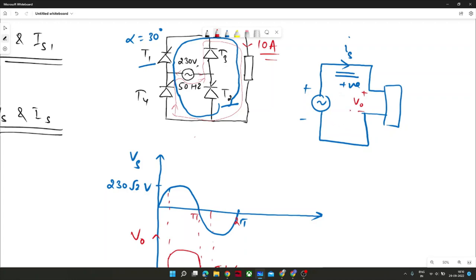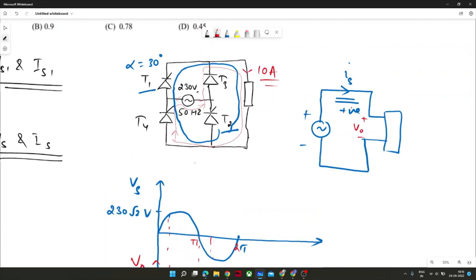Sir, small doubt, sir. Please go ahead. Sir, can you explain that diagram? This circuit diagram, you are asking? Yes. See, when T1 and T2 were conducting, the current direction through the load will be from A to B, let me denote it from plus to minus, right?